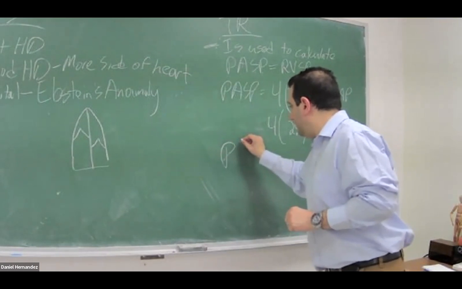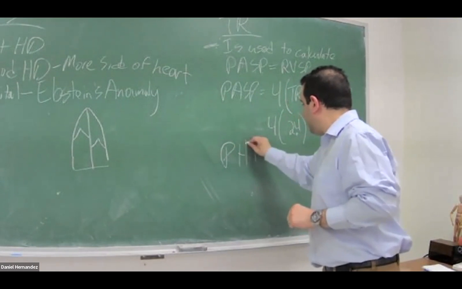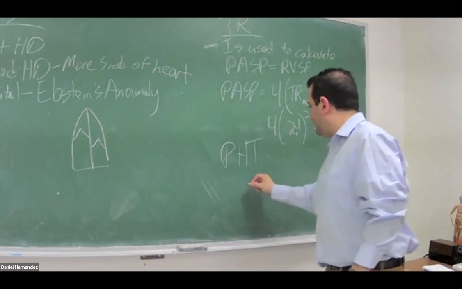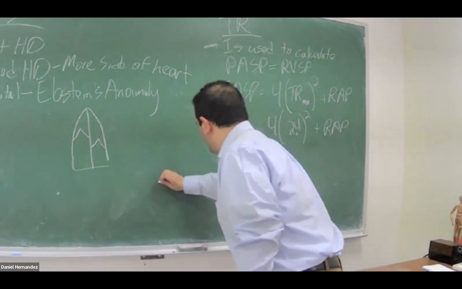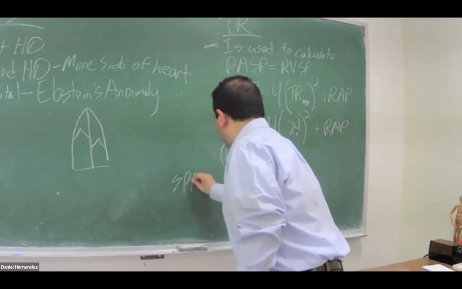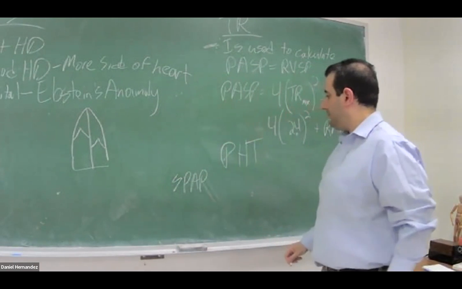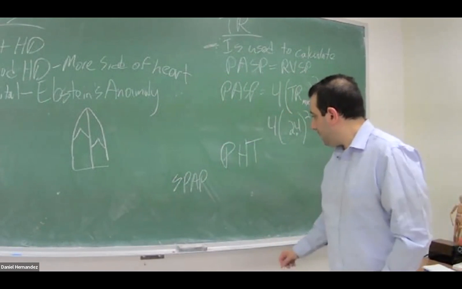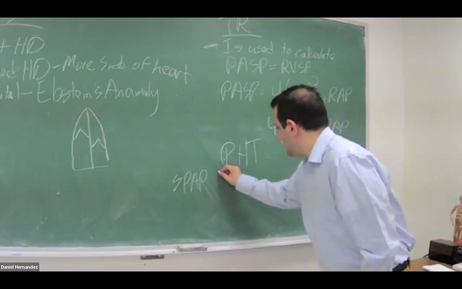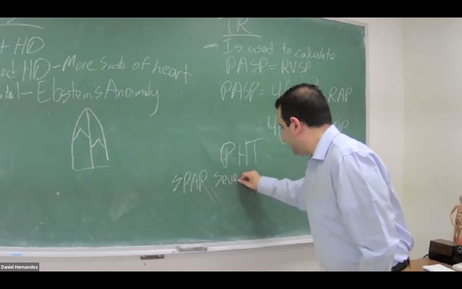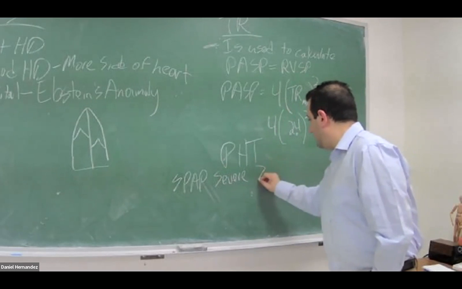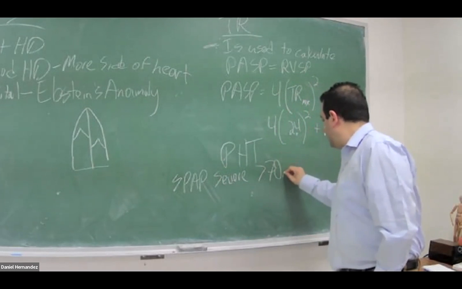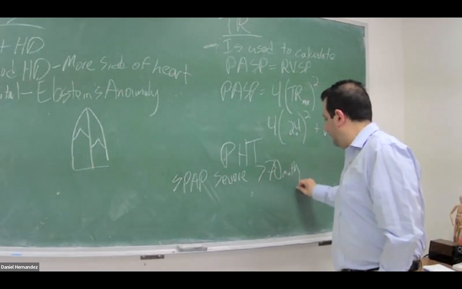So for pulmonary hypertension, these are our systolic pulmonary artery pressures. Severe, we have a pressure that's going to be greater than 70 millimeters of mercury.